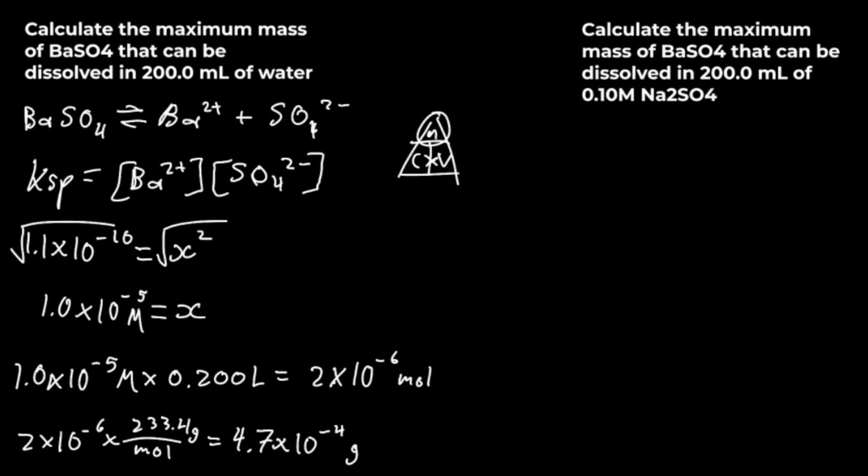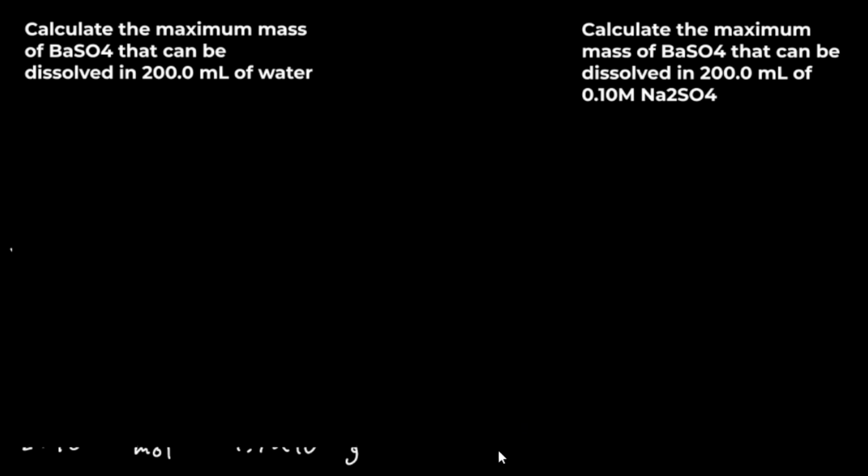But now this second example here is asking us to find the maximum mass of BaSO4 that can be dissolved in 200 mL of 0.1 molarity Na2SO4.